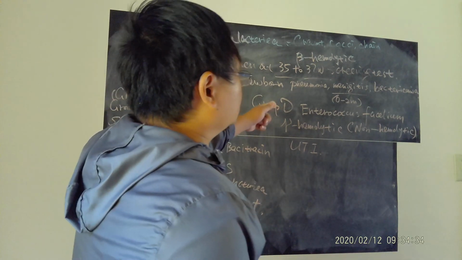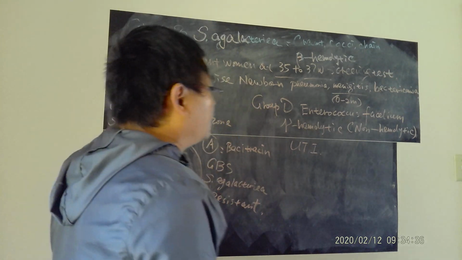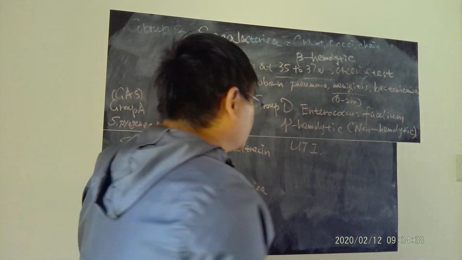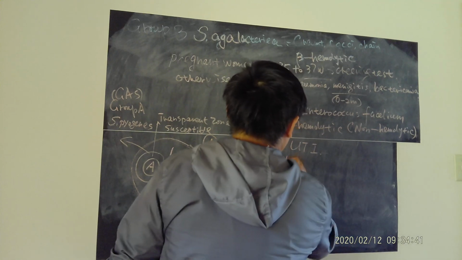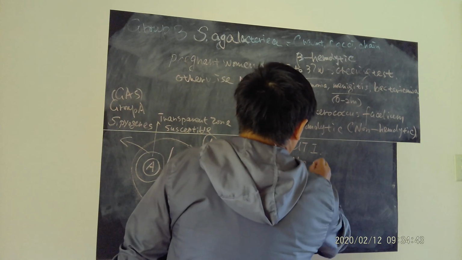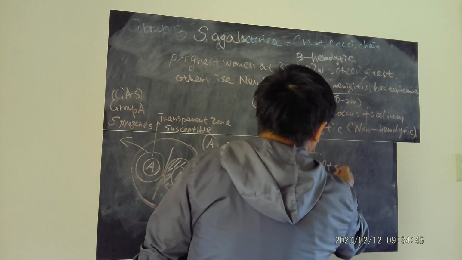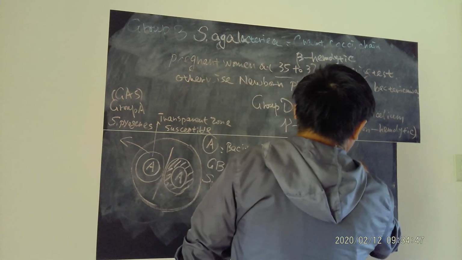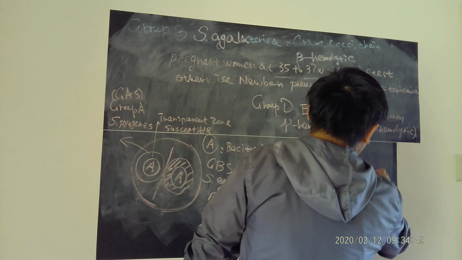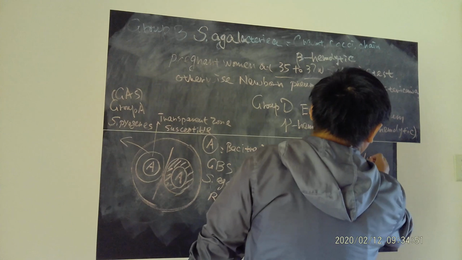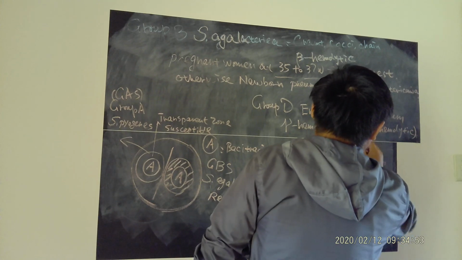Now, how do we diagnose this? There are very characteristic features for this pathogen. It will grow in bile salts, esculin solution, or agars.